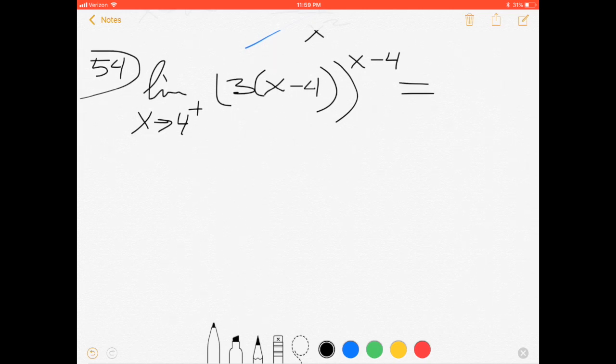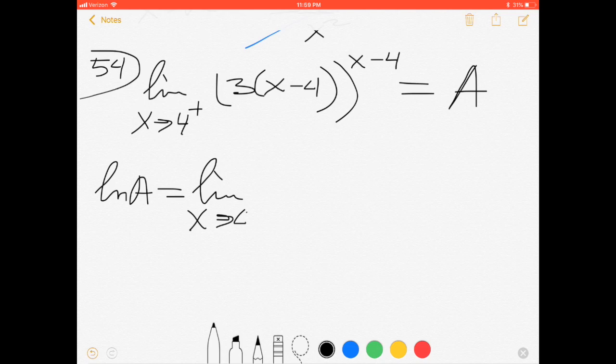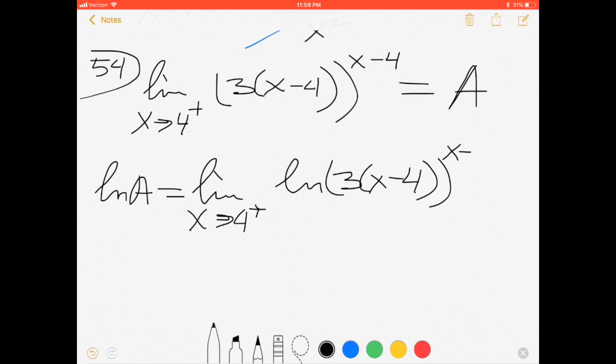What do we have now? We pretend this is some number a, and then natural log a will be the limit x approaches 4 from the right, x minus 4 times natural log 3 times x minus 4.